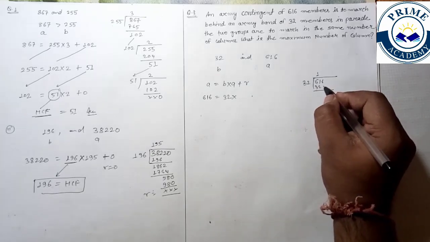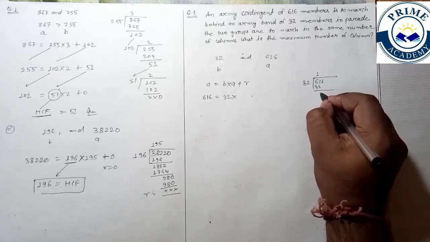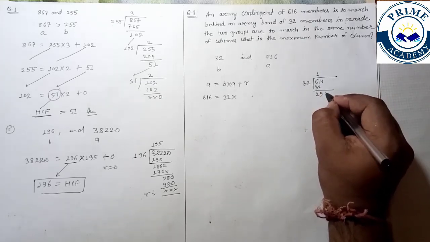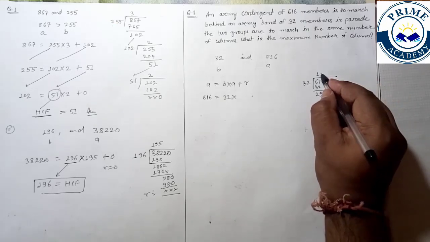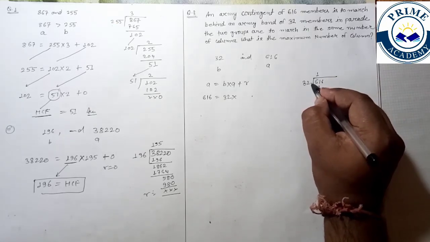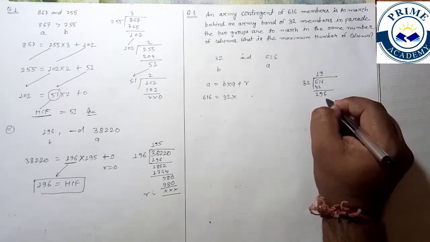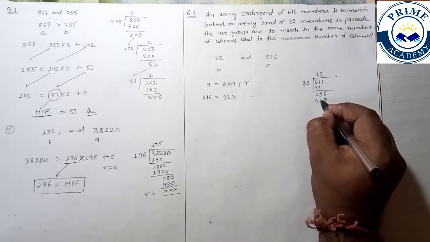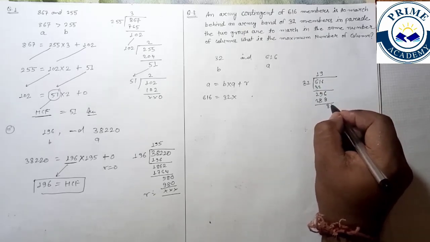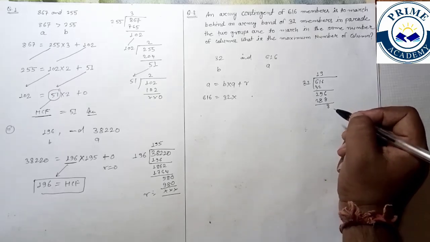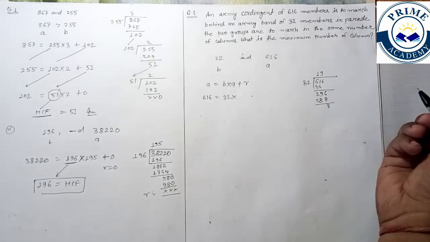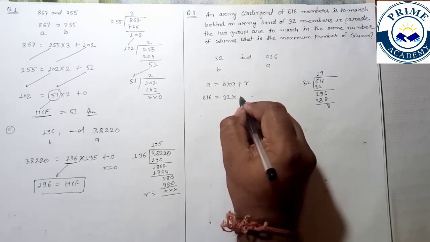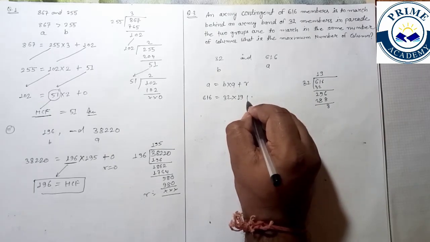Bring down this 6. If I multiply 32 by 10, it will be more, so I take 9. So this will be 8, this will be 6, and only 8 is remaining. You will see only 8 is the remainder, so 19 times 32 plus 8, right?